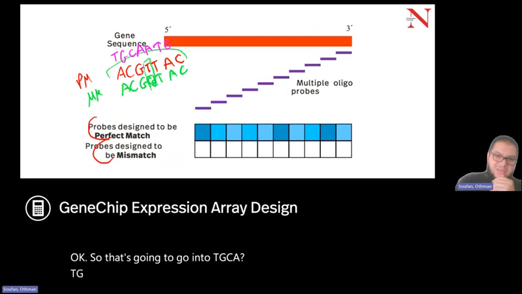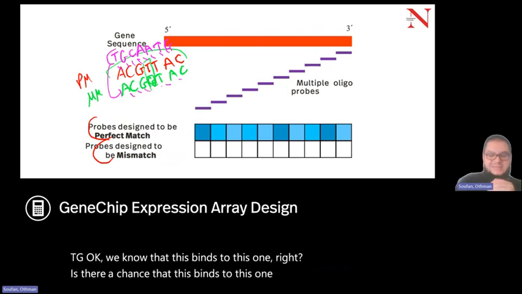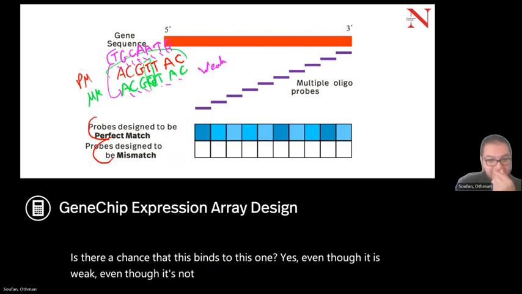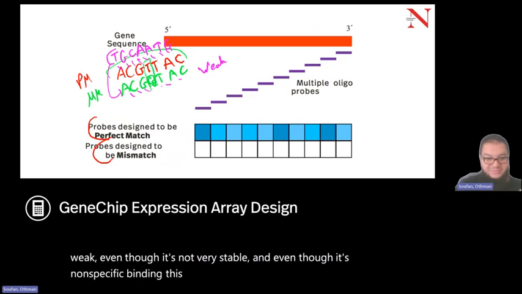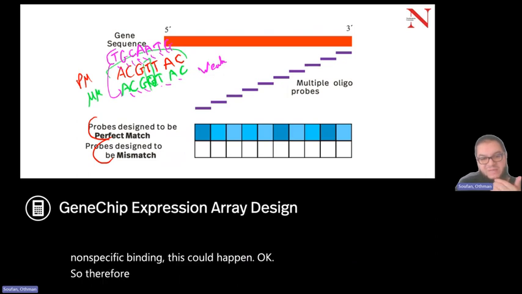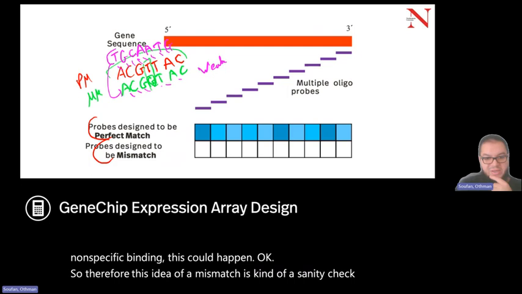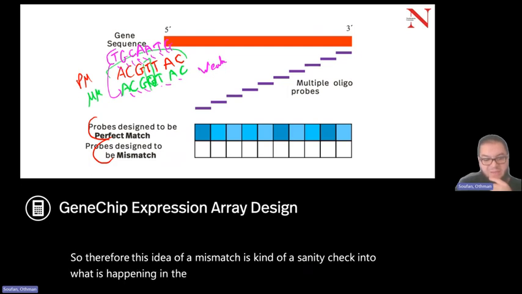We know that this binds to this one, right? Now, is there a chance that this binds to this one? Yes, even though it is weak, even though it's not very stable, and even though it's non-specific binding, this could happen. So this idea of a mismatch is kind of a sanity check into what is happening in the background. So we can do some correction.